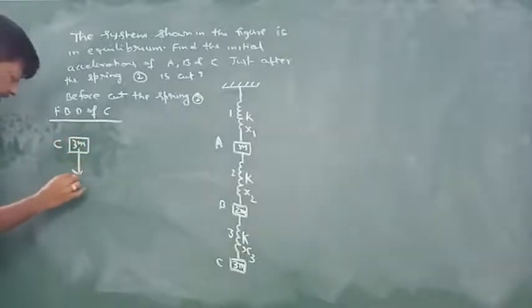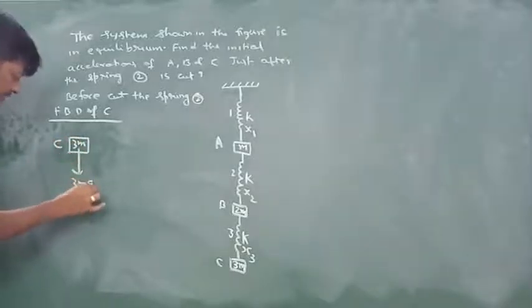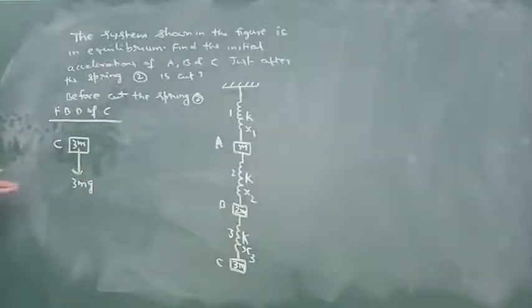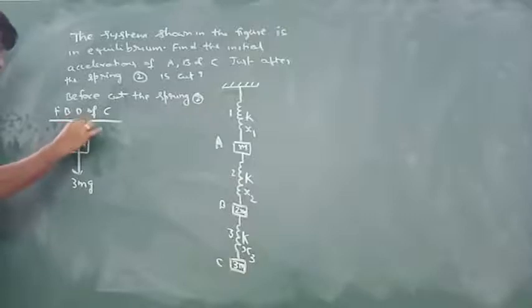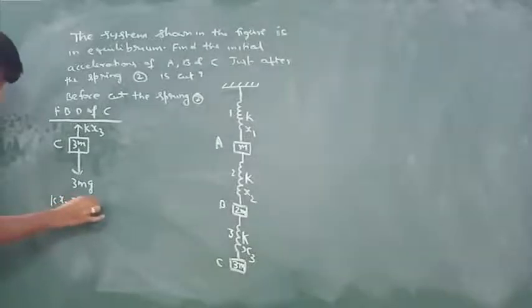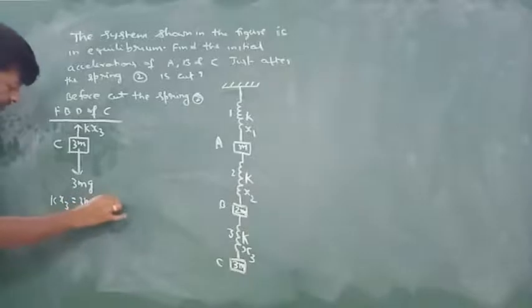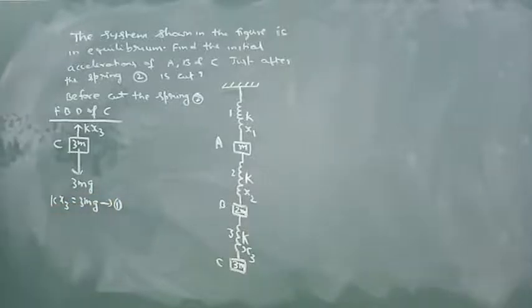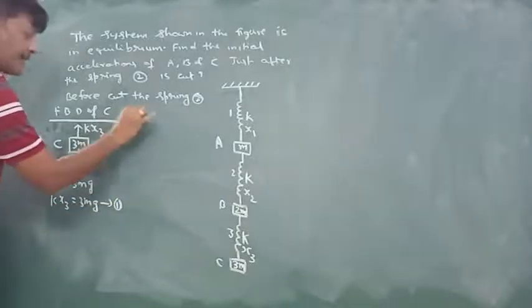Therefore, 3mg is acting downward. This is the gravitational force, and the spring force in spring 3 acts upward and keeps block C in equilibrium. This is Kx3. So we can write Kx3 is equal to 3mg, equation number 1.